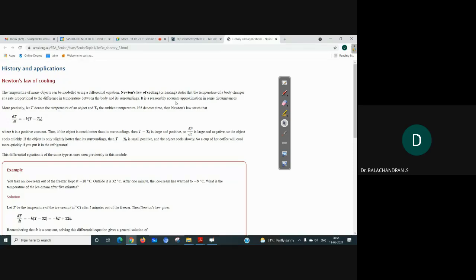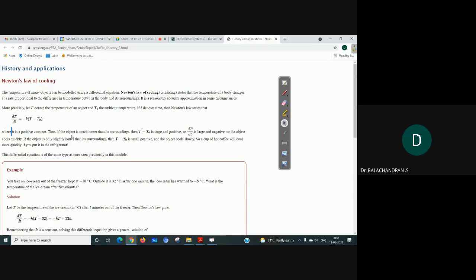It is a reasonably accurate approximation in some circumstances. More precisely, let T denote the temperature of an object and T naught the ambient temperature. If t denotes time, Newton's law of cooling states that dT/dt = -k(T - T naught). I took Ts and lambda, but here it is given as T naught and k, where k is a positive constant.